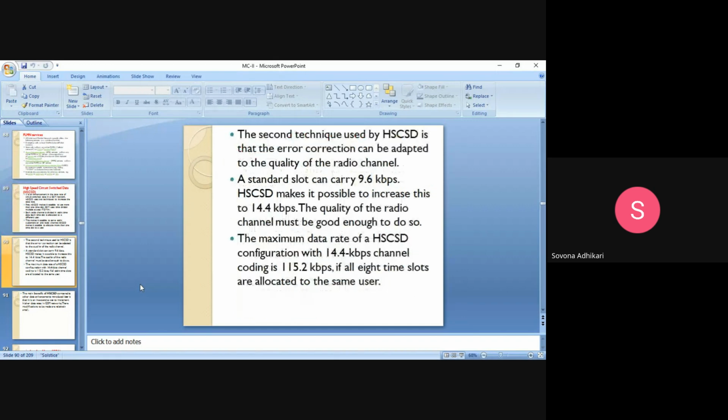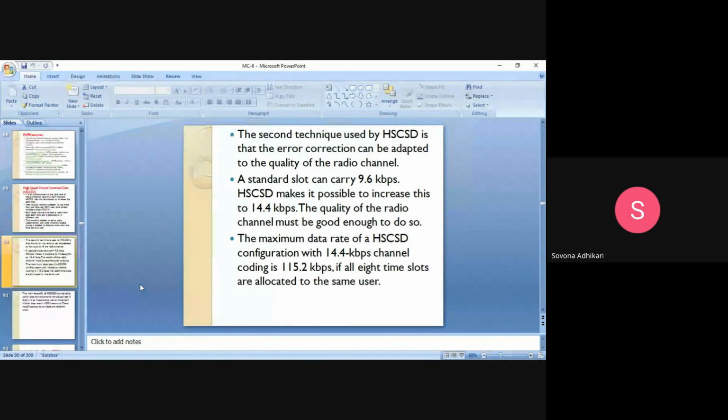The second technique used by HSCSD is that the error correction can be adapted to the quality of the radio channel. You know that when data is traveling, there may be a chance that an error occurs due to influence by the outside environment.